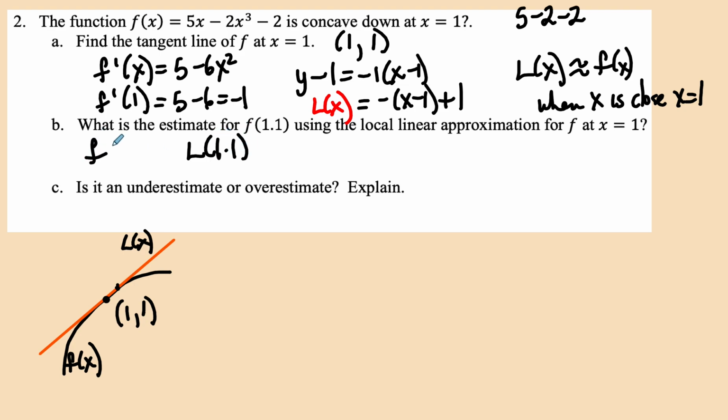So I know my f of 1.1 is approximately the linearization, and I'm going to put 1.1 into my formula, negative 1.1 minus 1 plus 1, and that's going to be negative 0.1 plus 1, which is actually 0.9.